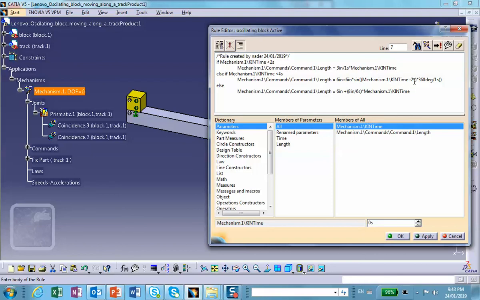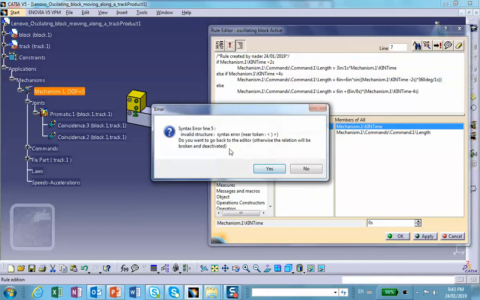Oh yes, this should be times time minus 4 seconds. That's first of all one mistake. And is that 4 seconds? Yes, that's 4 seconds. Now, hopefully this is the only mistake.